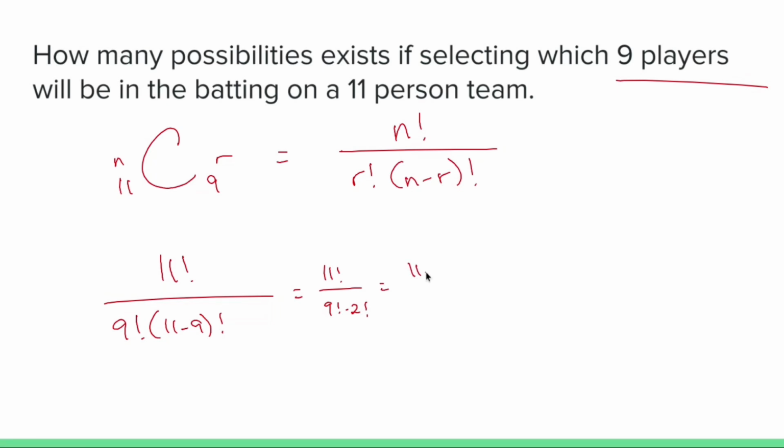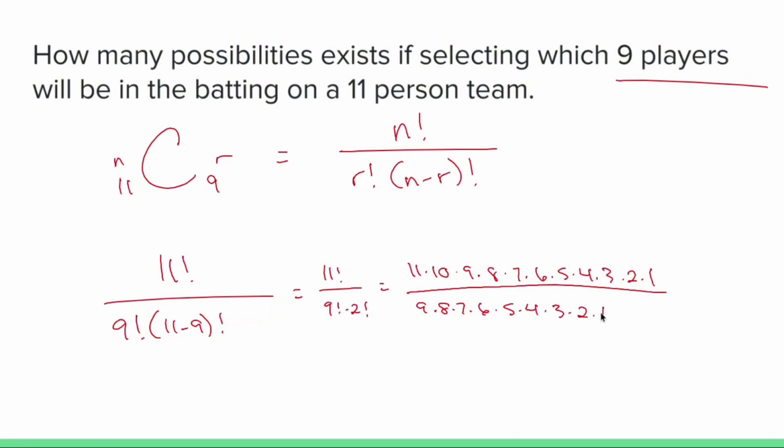Okay? 11, 10, 9, 8, 7, 6, 5, 4, 3, 2, 1. 9 factorial is going to kill all of that off. So 9 times 8 times 7 times 6 times 5 times 4 times 3 times 2 times 1, and then times 2 times 1.